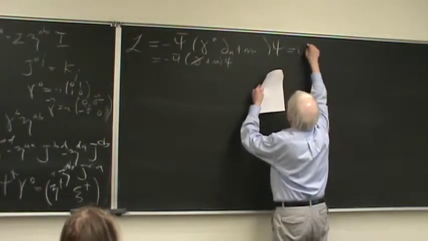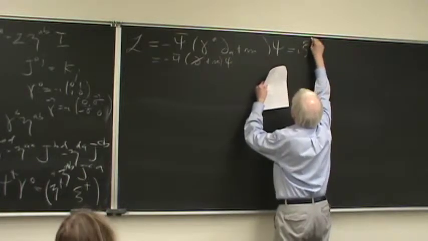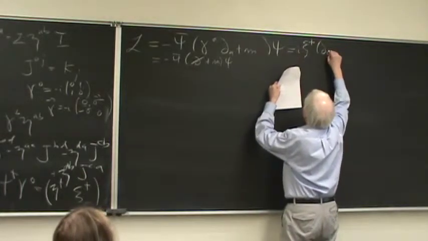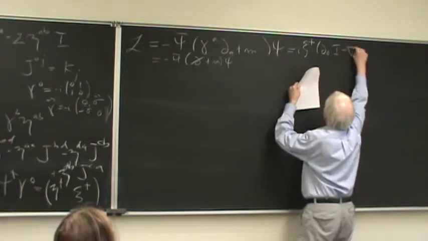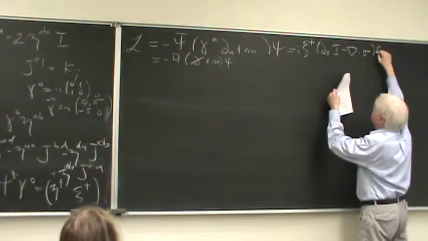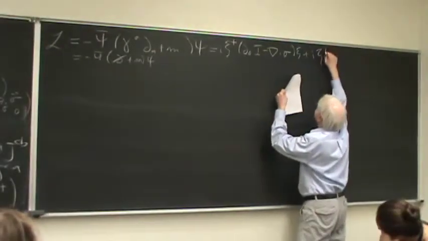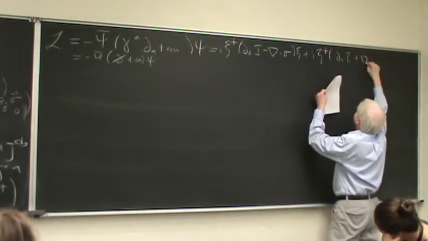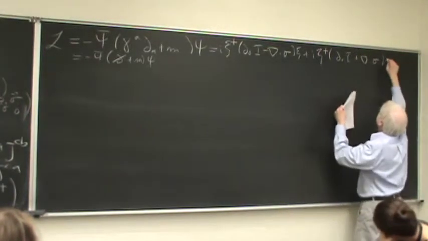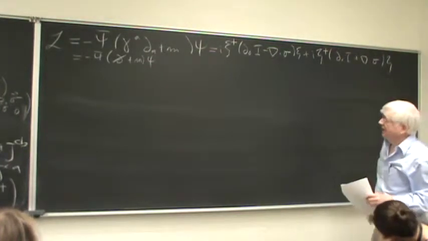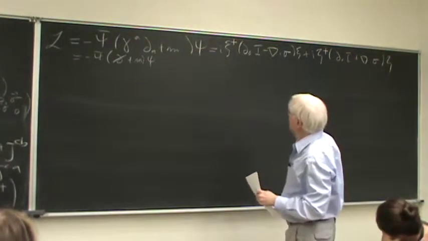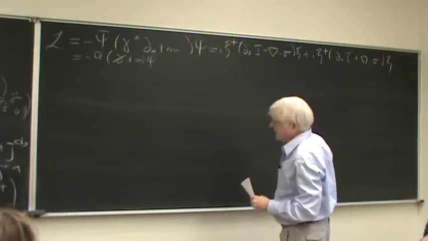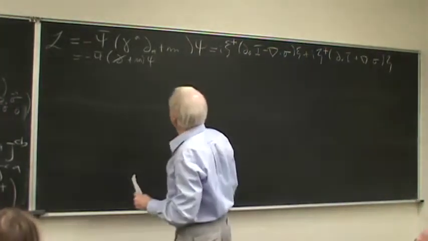It is i C dagger D0 i minus del dot sigma C plus i zeta dagger D0 i plus del dot sigma zeta. Why is it that things worked out that way?